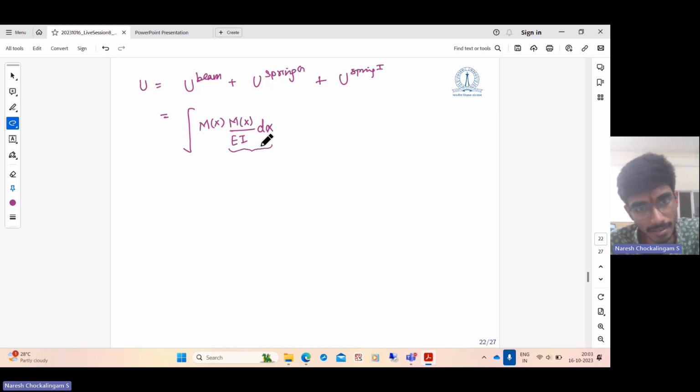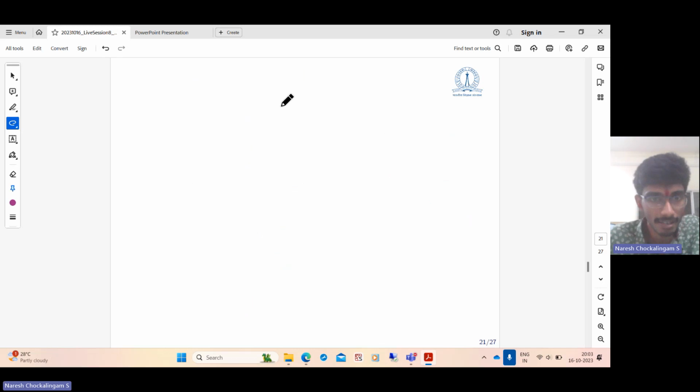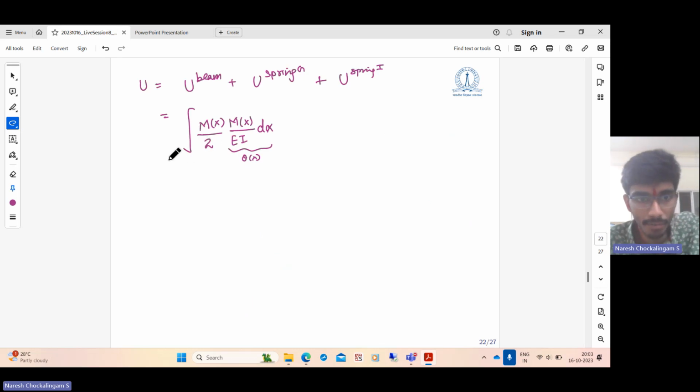So this is the rotation. And the load is increased from 0, so you have a half. And this has to be integrated; let us take the origin of the beam at this point. So this integration runs from minus L by 2 to L by 2.